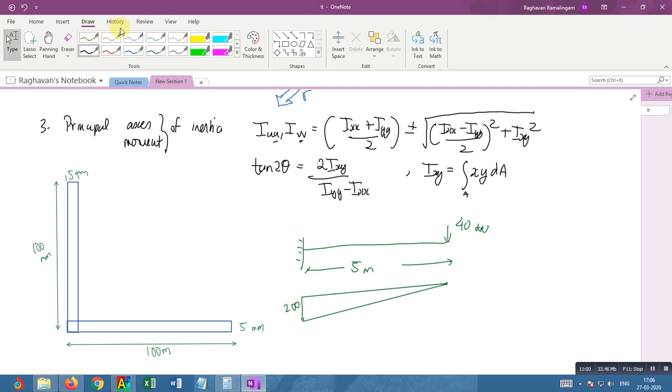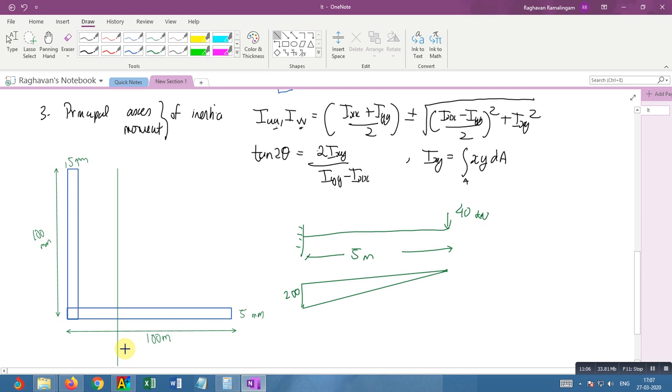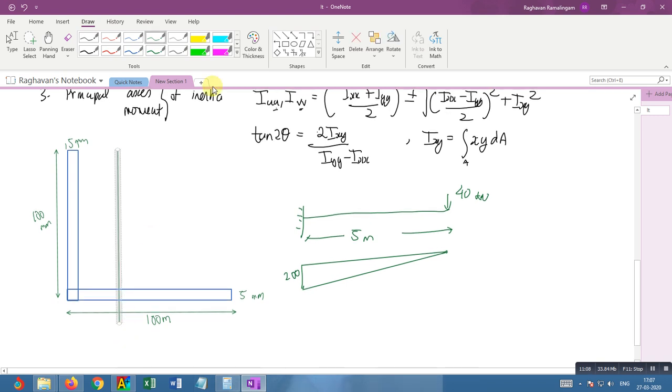Okay. So what I will now mark out is the central axis will be somewhere here. So this is my central axis, and I'll also try to mark out my, okay, I'll do that later. So this is x, this is the y axis, centroidal axis.